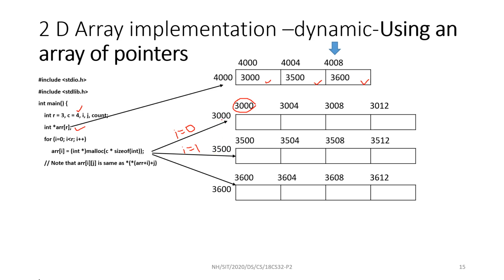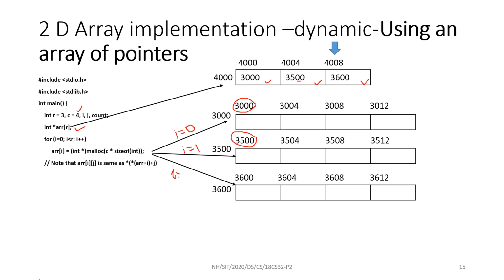Purposely I took different locations: 3000, 3500, 3600. Can be anything. Can be continuous or somewhere else also. Total 16 locations are allocated for the second array. The starting address is 3500. 3500 is stored here.